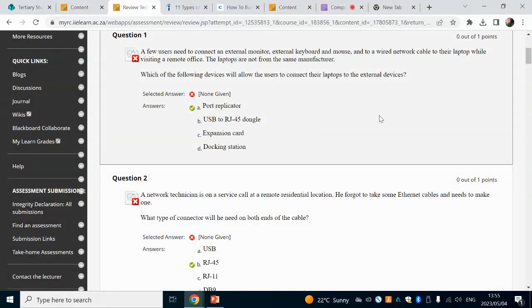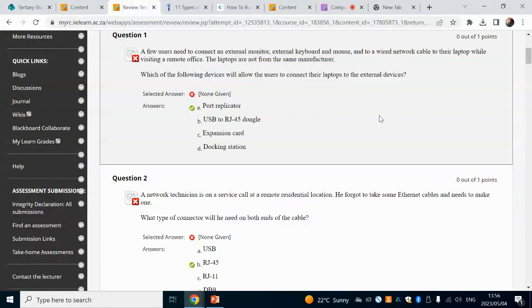So port replicator allows me, they said, see, docking station won't be applicable. Why? Because they said that there's different manufacturers. According to the manufacturer, docking station varies. But port replicator, you can plug it in no matter who made your laptop, whether it was IBM, Lenovo, what else?